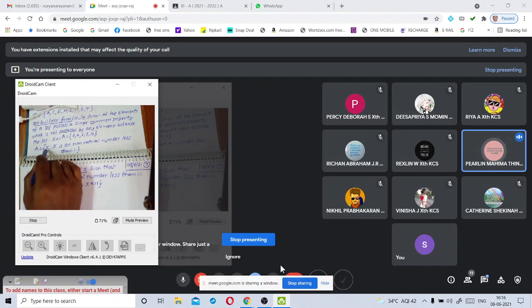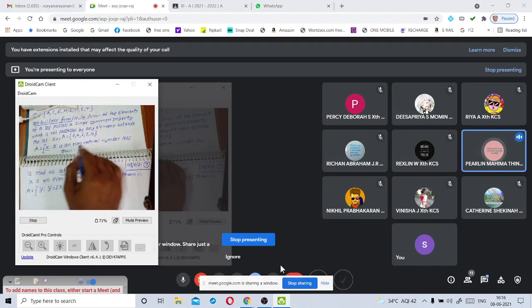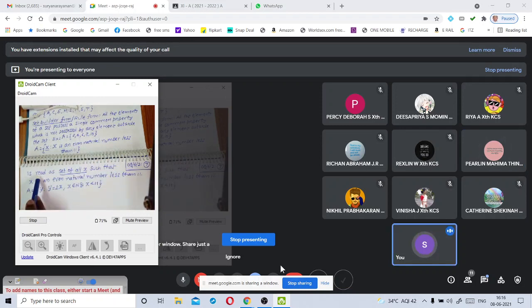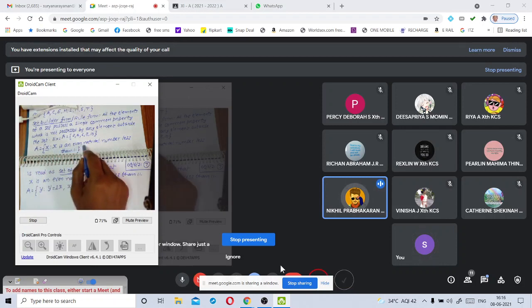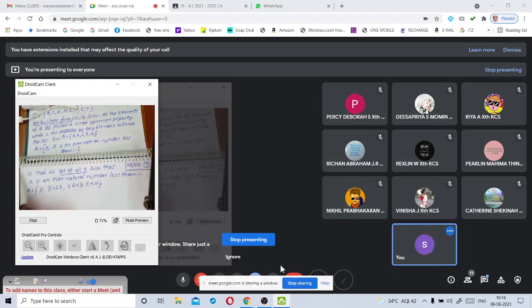A is a set of all x such that x is an even number less than 11. Very good. Nikhil, read these two lines. A is equal to set of all x such that x is an even natural number less than 11. Very good, my dear Nikhil.